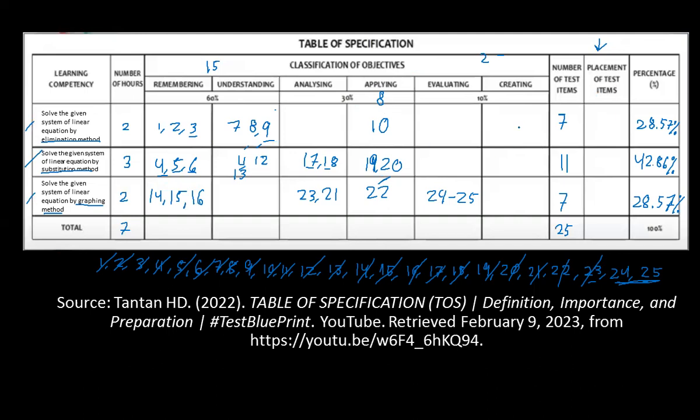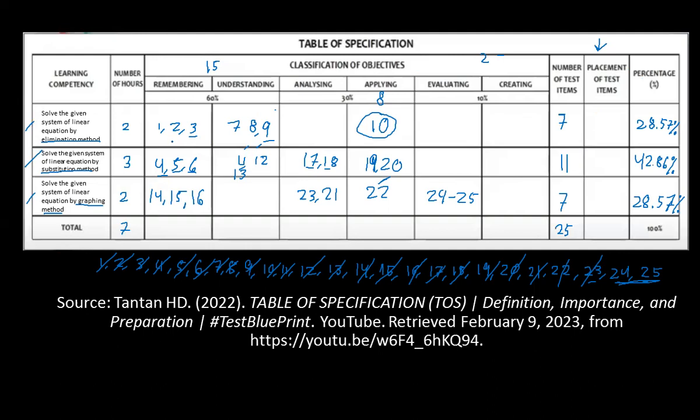Okay? Pero dito kasi specific siya. So kunwari from first to third item, anong item to pang remembering? 7 to 9 item para saan pang understanding. Tapos tong 10 item para saan to pang applying. Okay? Dito sa placement of test items, ilagay mo na yung number dyan.